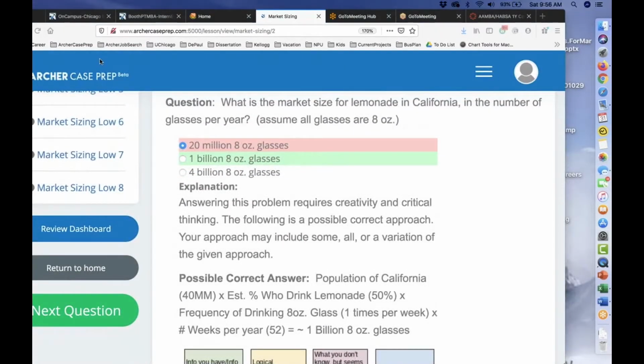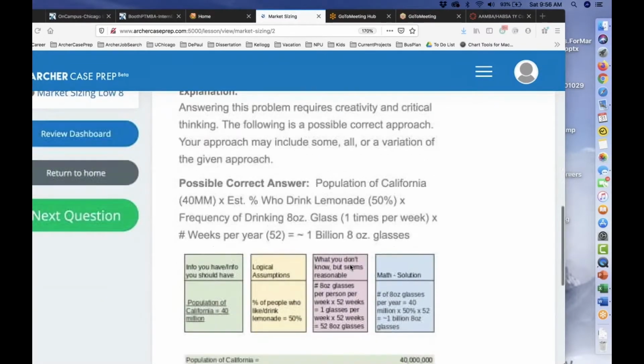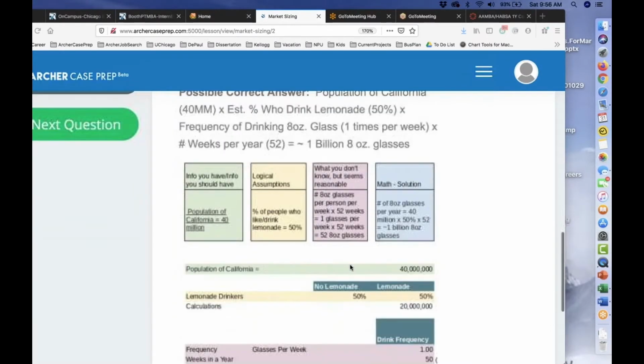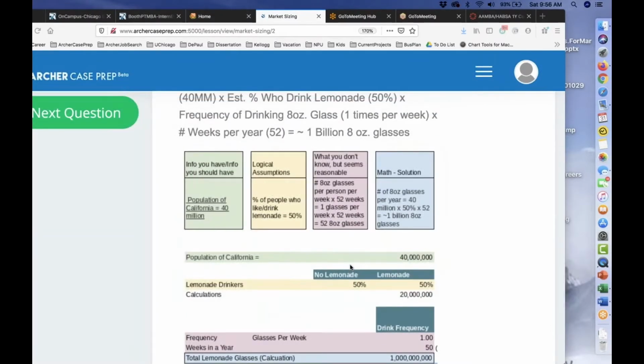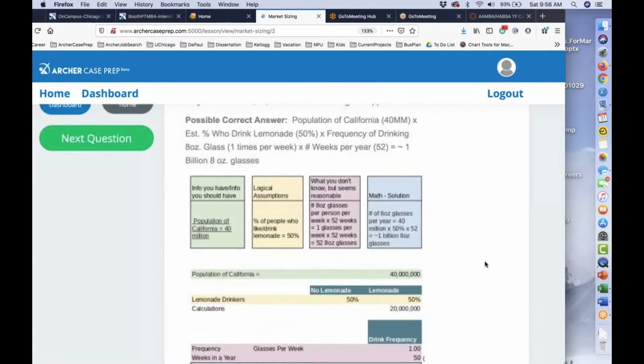All right, so what I want you to do now is compare your work to the proposed solution. Remember that many times when you're seeing solutions, quote, solutions, it's one of many approaches.